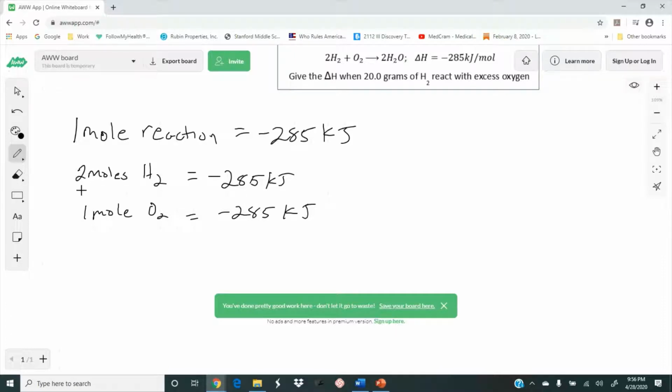This is saying if 2 moles of hydrogen reacted, this is how much energy you would give up, or if 1 mole of oxygen reacted, this is how much energy would be given up. These two go hand in hand. When 2 moles of hydrogen and 1 mole of oxygen react, according to this equation, the product is 2H2O, so we get 2 moles of water. 2 moles of water equals negative 285.